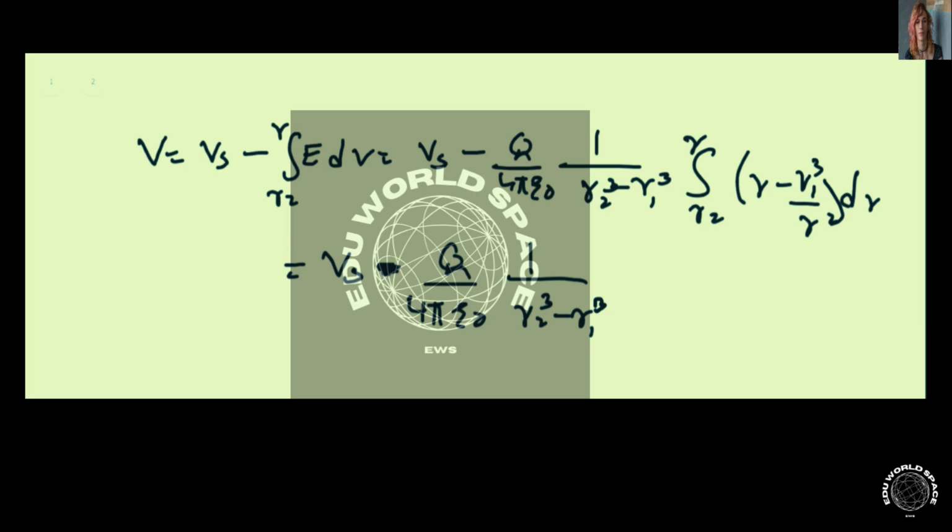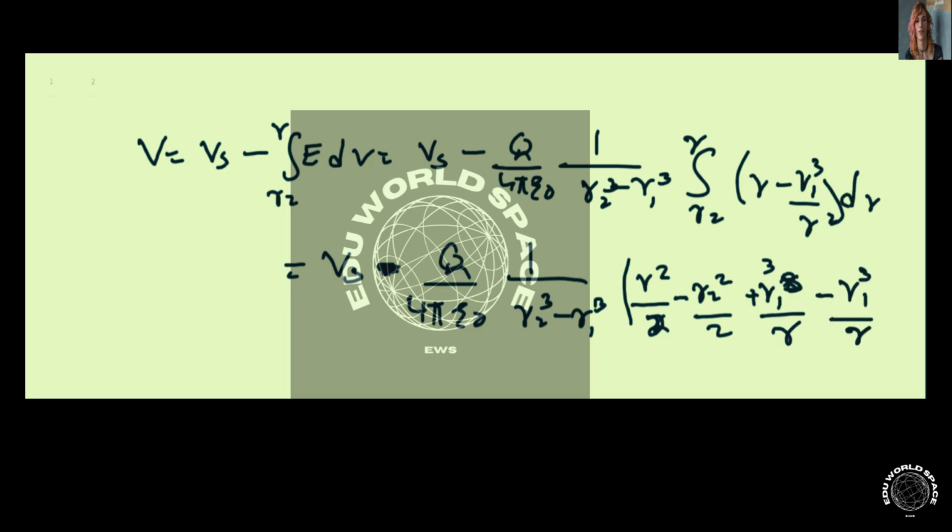Evaluating the integral, we get the expression R squared over 2 minus R2 squared over 2 plus R1 cube, this is cube here, divided by R minus R1 cube divided by R2.